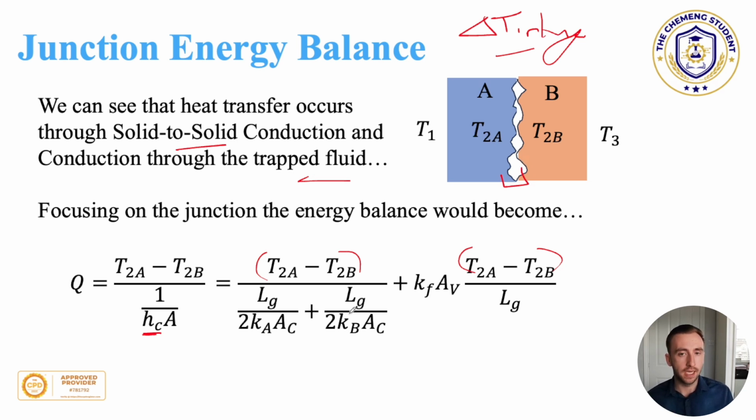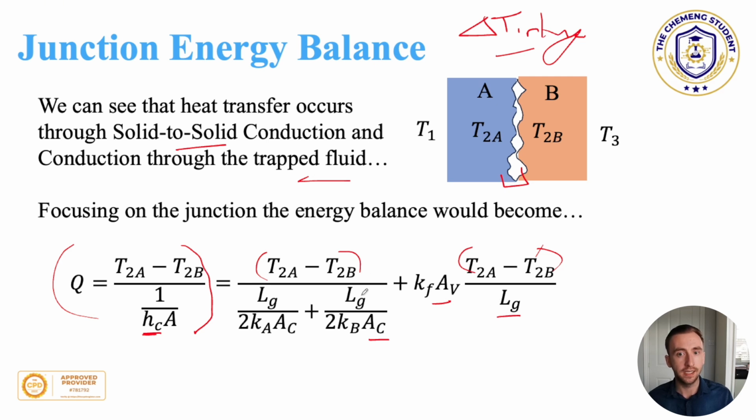Now the problem here is that it's very, very difficult to isolate AC, AV and LG, because these are at the interface junction, and that's why we tend to use only this expression, because HC is a lot easier to obtain from experimental data than to actually identify what AC, AV, and LG actually are.